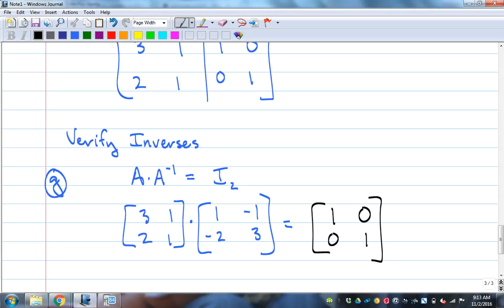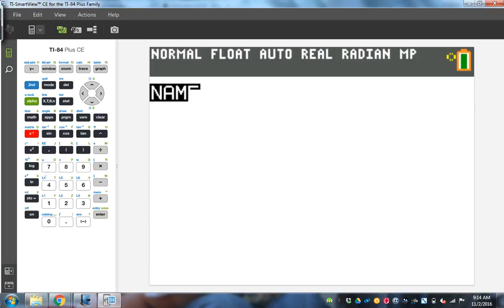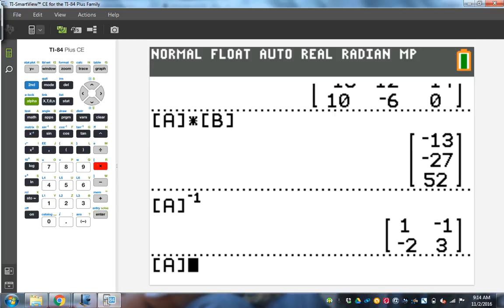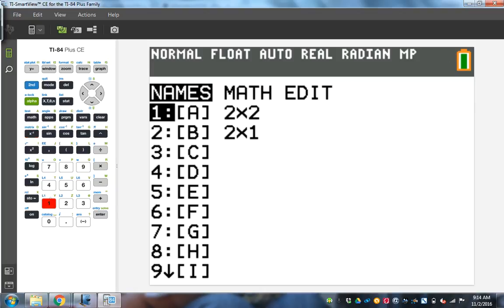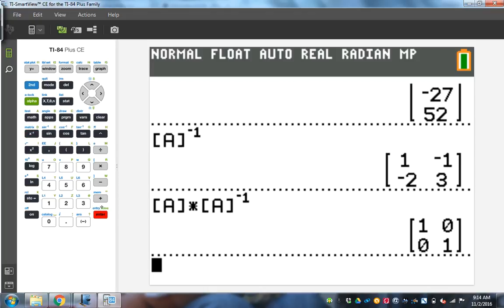I just multiplied these 2 matrices. If I were you guys, I'd do it with a calculator. I'd just multiply them together. With the calculator, you can do this nice thing where you go matrix A times matrix A inverse, and that's going to get you that correct.